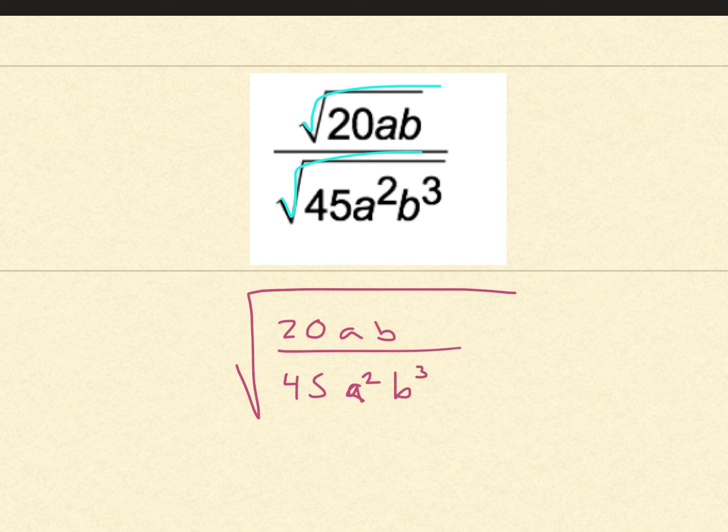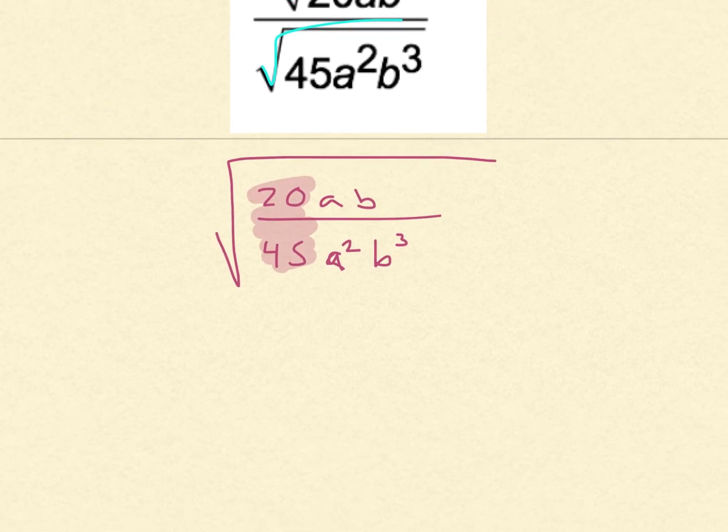So just looking at our numbers, we have 20 over 45. It's not going to simplify to a whole number, but we can simplify it. What number goes into both 20 and 45? 5. So we can divide these both by 5. What's 20 divided by 5? 4.